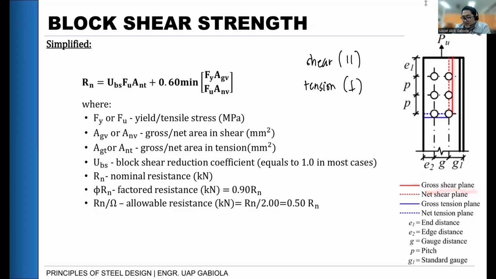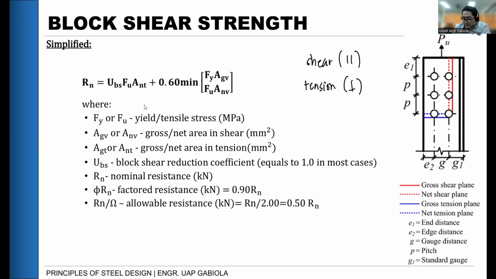Okay? And when we say net shear, it becomes net because we subtract the holes that we see. And what is the formula we use? An is equal to Ag minus the number of bolts times the effective diameter, times the thickness.